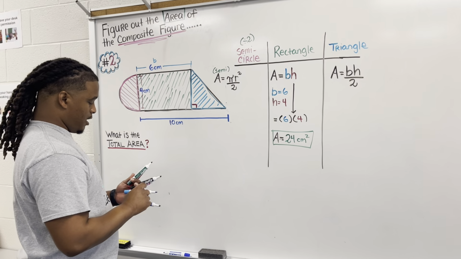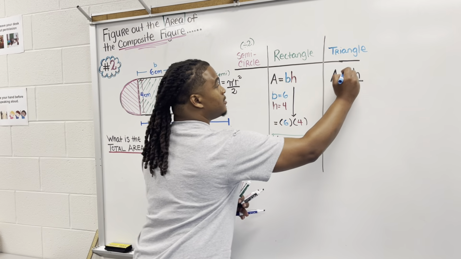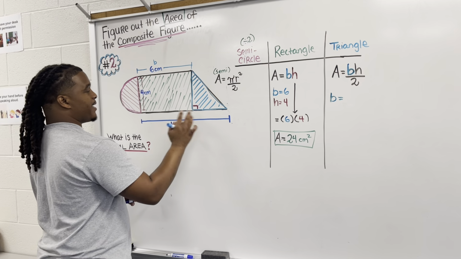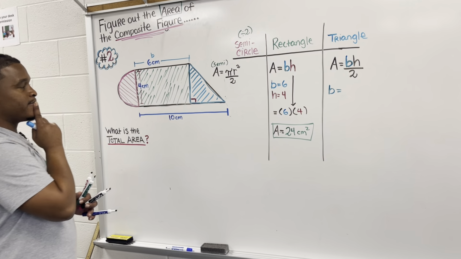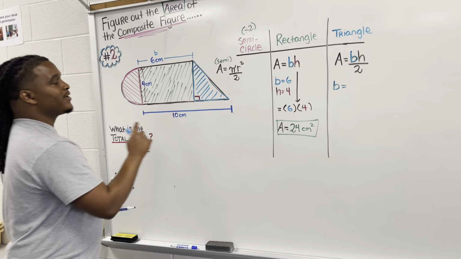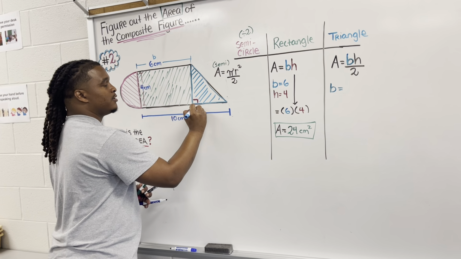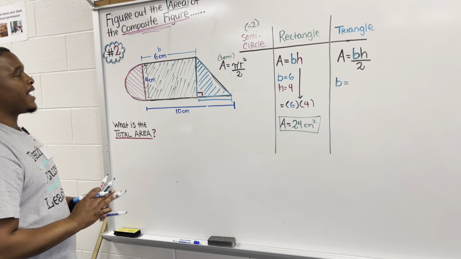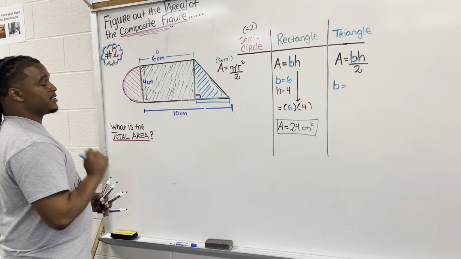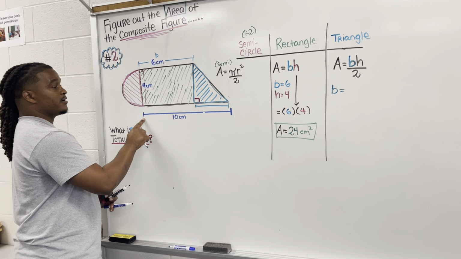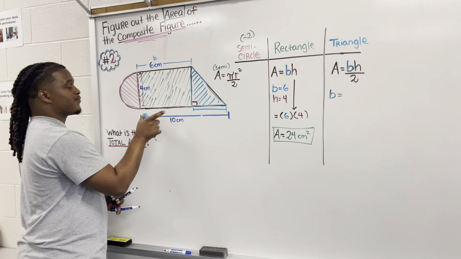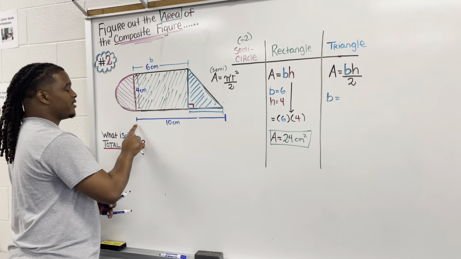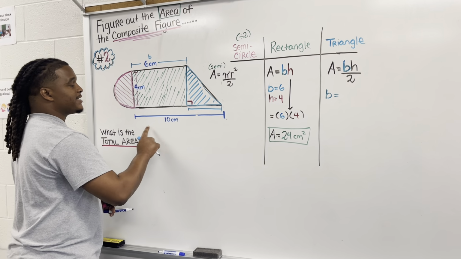All right, the base of the triangle. They didn't really give us an actual value for the base of the triangle, so we're going to have to figure it out. From here to here, which represents the rectangular base and the triangular base together, the whole length is 10 centimeters.